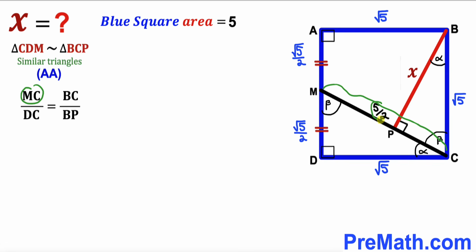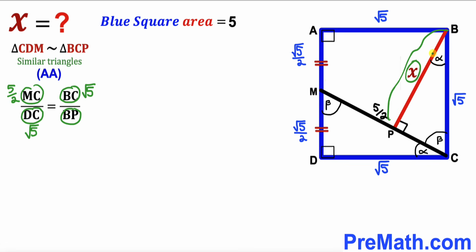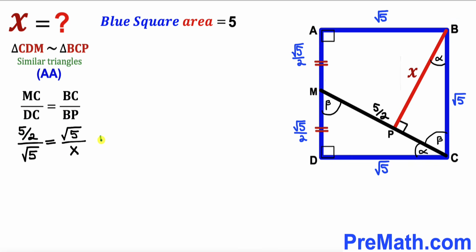MC length is 5 divided by 2, so I replace MC with 5 divided by 2. DC length is square root of 5, so I replace that. Likewise BC length is square root of 5. And finally BP length is x, so I replace BP with x.